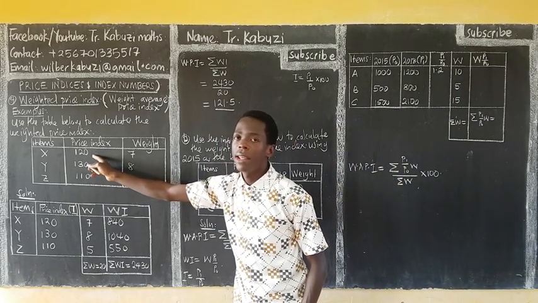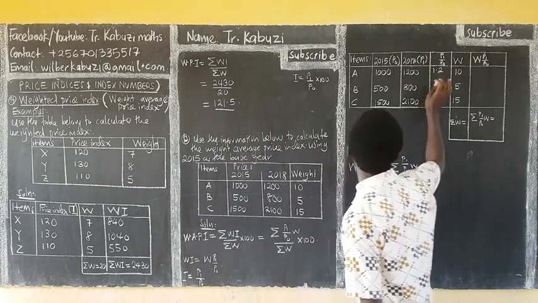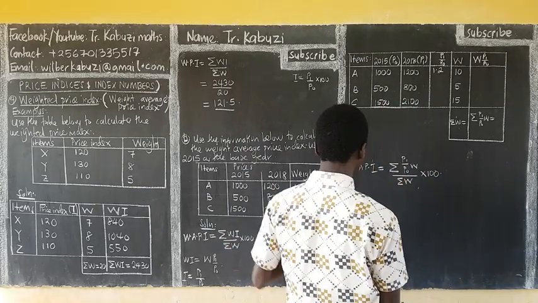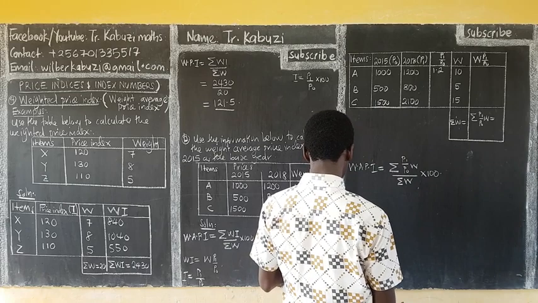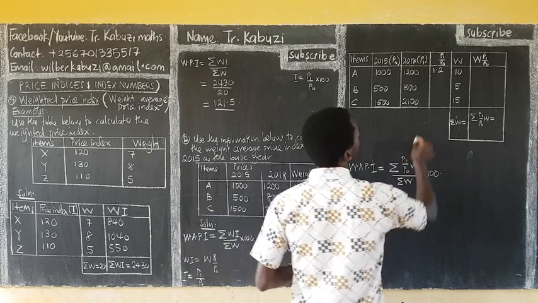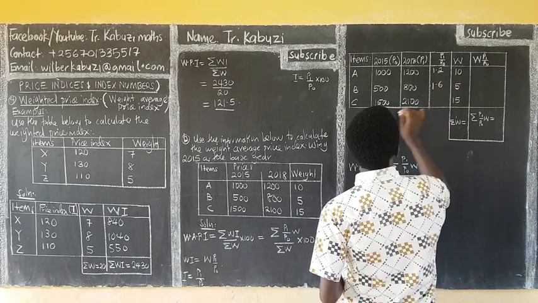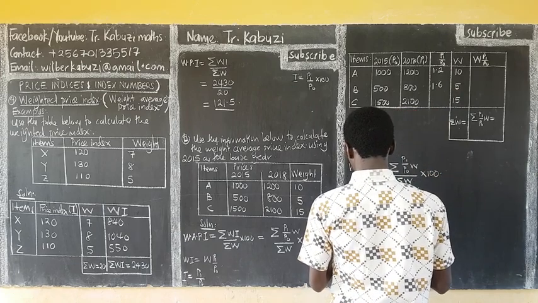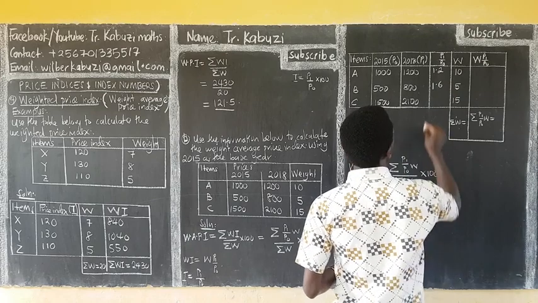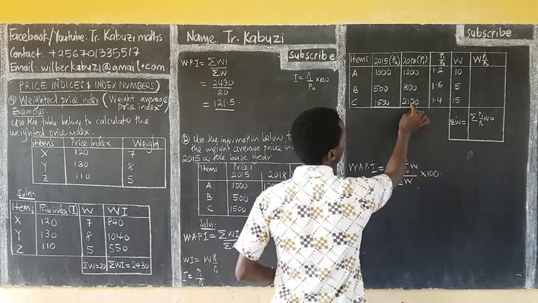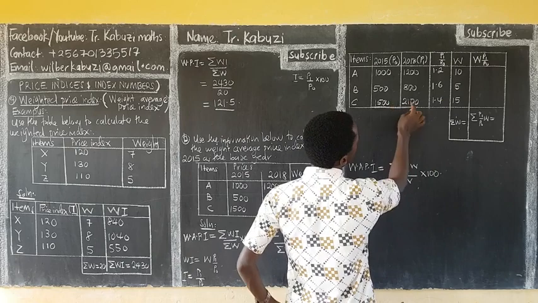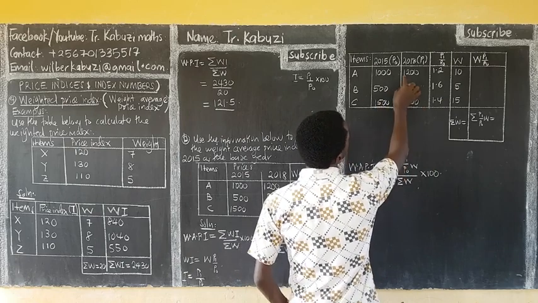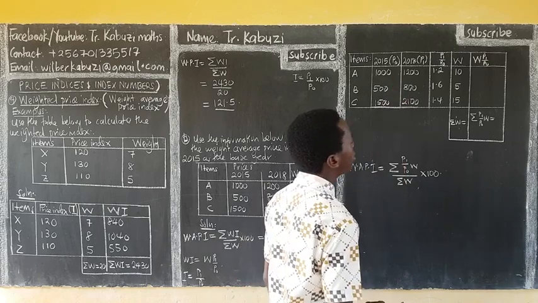There they multiplied them by 100, but here I'm not multiplying by 100. Then 800 divided by 5, you get 1.6. Then you get 1.4, 800 over 500, then this over this. So that's what we get.